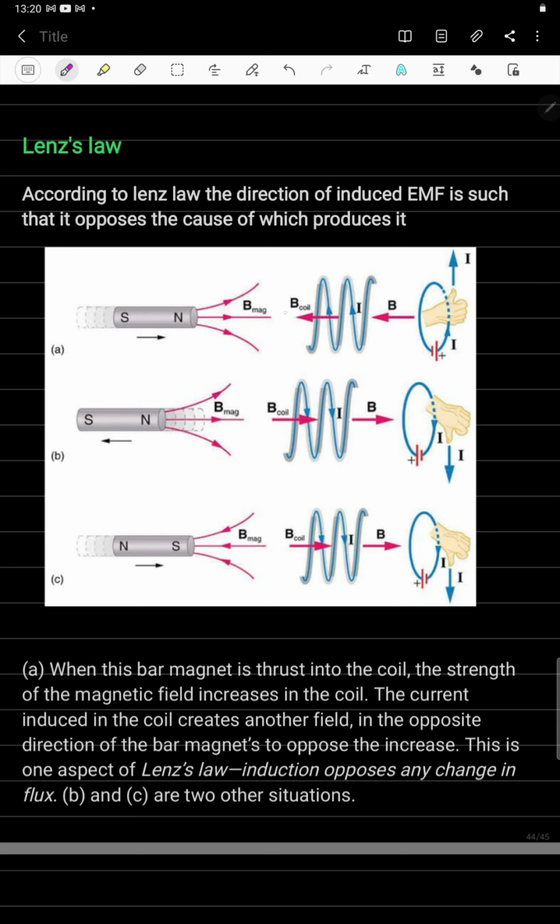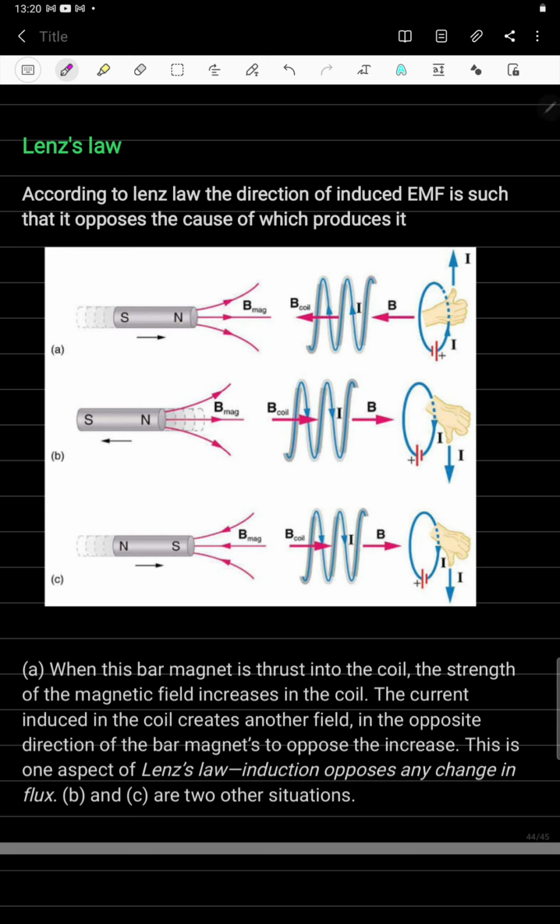Now I am moving this magnet towards the coil, and also moving the coil towards the magnet. What will happen at that time?